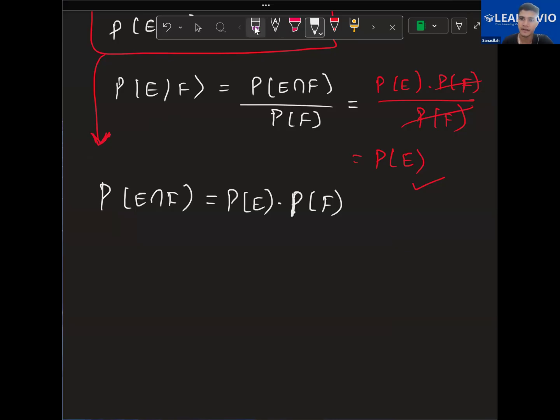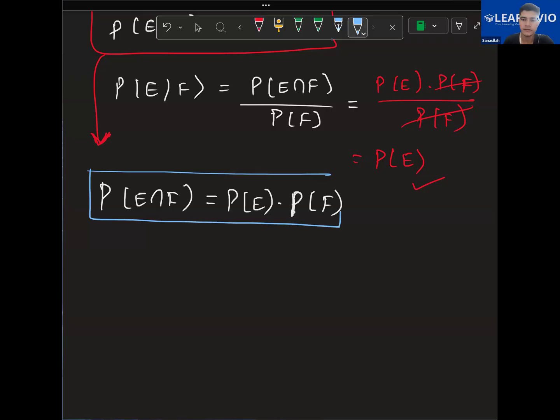There is no link between E and F, and their probabilities come individually, without affecting the other one. So this is also the definition of two independent events.